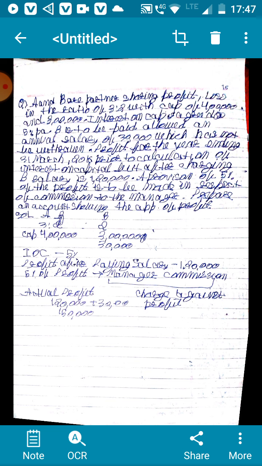Loan from a partner is also charged against profit. And here the manager's commission is charged against profit.